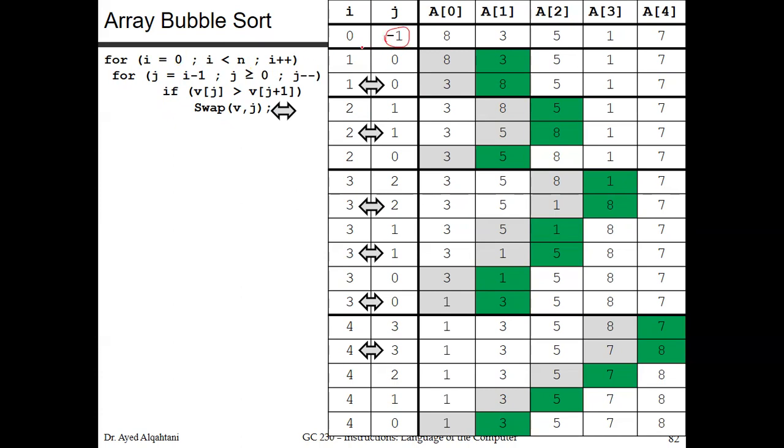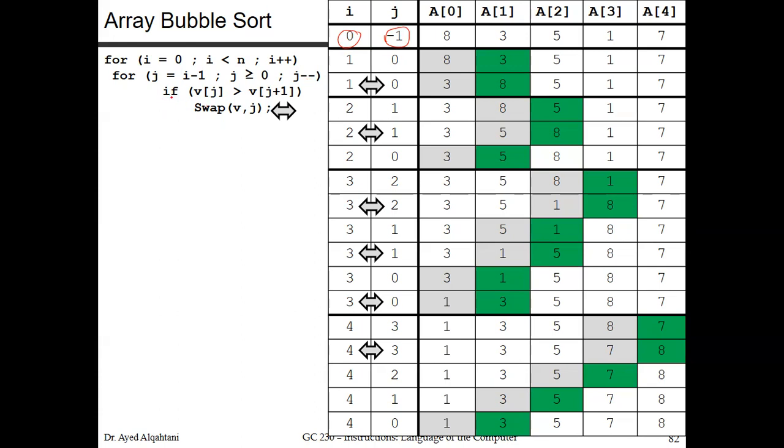So at the beginning, the I is going to be 0, and the j is going to be minus 1. What happens to the j is you compare if it is larger than or equal to 0. If that's true, then you go and continue what's inside the for loop. And every time when you're done, you decrement the value of j.